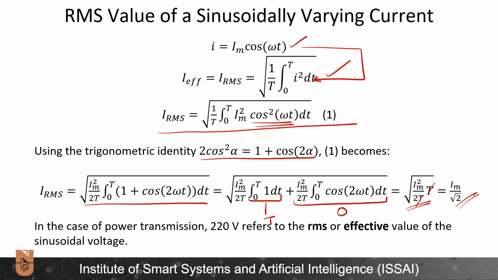In the case of power transmission, the voltage 220 volts refers to this RMS or effective value, and we can calculate the amplitude of that waveform as 220 volts times square root of 2, which is equal to 311 volts. Now we know what that Vm is.